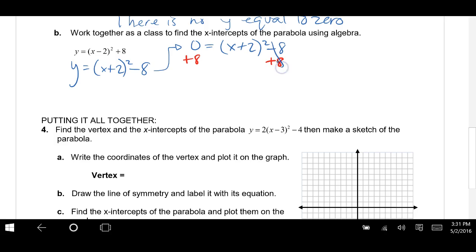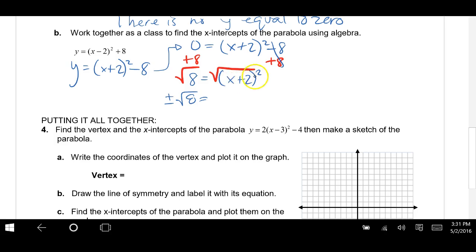Now the 8's cancel out on the right. Now I have 8 equals x plus 2 squared. If you remember, when the problem looks like this, I can take the square root of both sides. Also remember, when you square root a number like 8, it's going to have both a positive and negative result, so you have to put plus or minus.